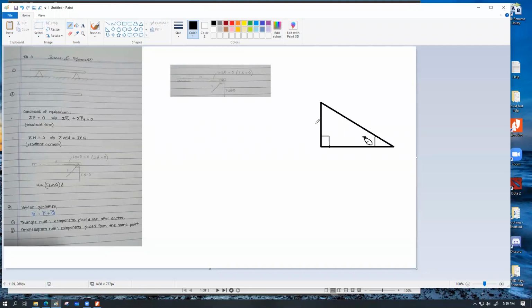And then I can write that this is my adjacent side, and this is my opposite side, and this is my hypotenuse. This is the notation that I prefer to use, other than base and perpendicular, because base and perpendicular doesn't always match that description.